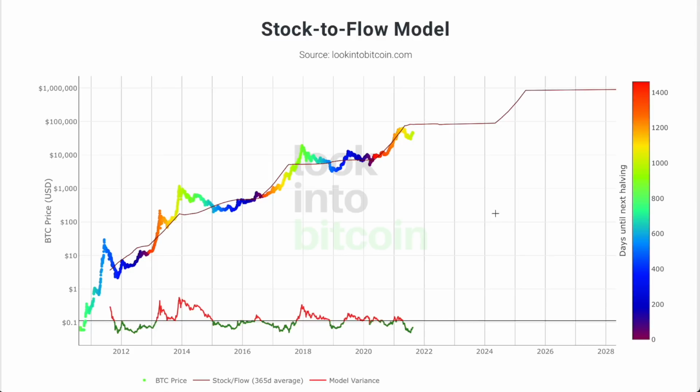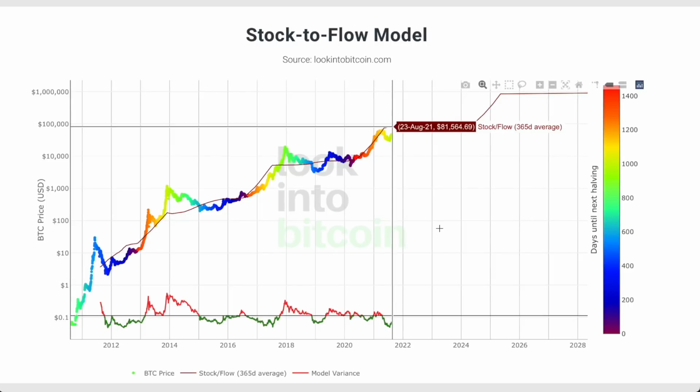Now, if we just look at the more than brief history of what we've seen in the past when it comes to deviations, downside or upside, in the context of the stock to flow line, we're probably going to see an upside deviation beyond $80,000 at some point in the future, because that's what has to happen for bull market peaks to occur. And that's been the case in the past.